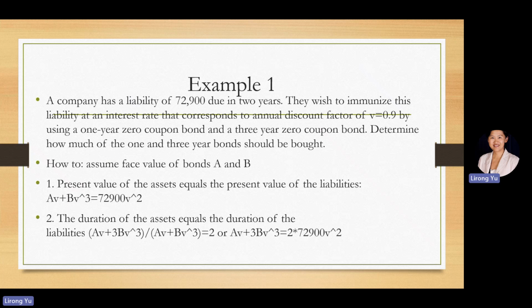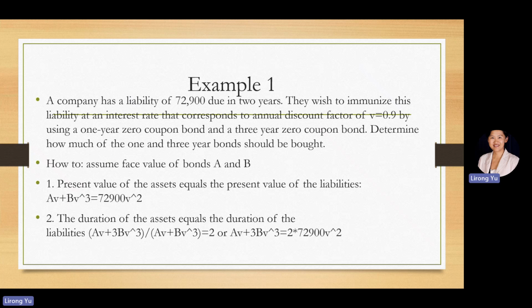So the duration of the portfolio with A and B should equal the duration of the liability. The duration of the liability is 2, and we will match that with the duration of the asset. With that, we get a little formula. So we have equation 1 and equation 2.